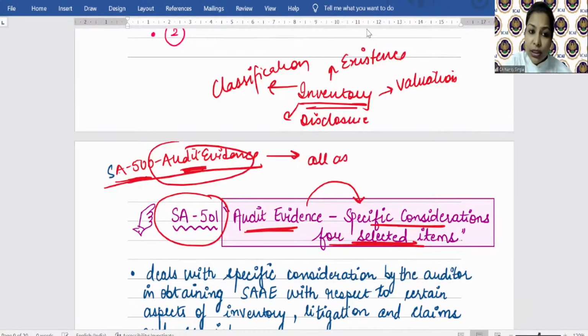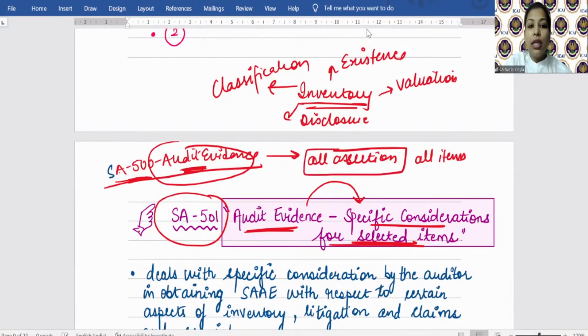All assertions, all items of financial statement, है ना? Now SA 501 says that not about all assertions, not about all items, but only about 3 items, which are inventory, litigation and claim, and segment reporting.